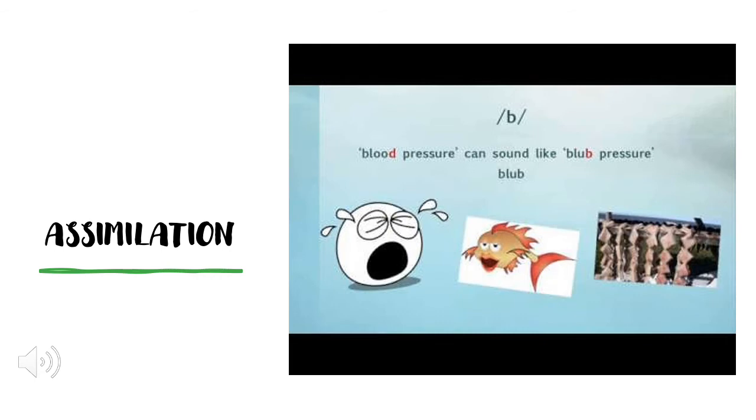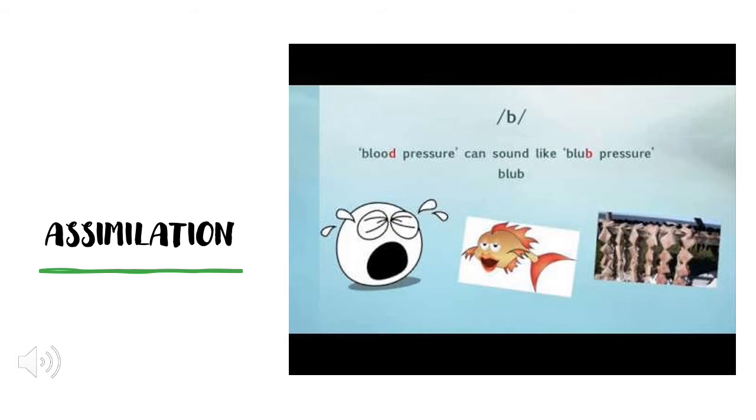From elision, let's now move to assimilation, which is a similar process, but here we do not delete an entire sound. On the other hand, the sound undergoes a change. The quality of the sound changes. As it happens to the d sound in the phrase "blood pressure", as seen in that little picture. Blood pressure very often becomes "blub pressure" in speech.